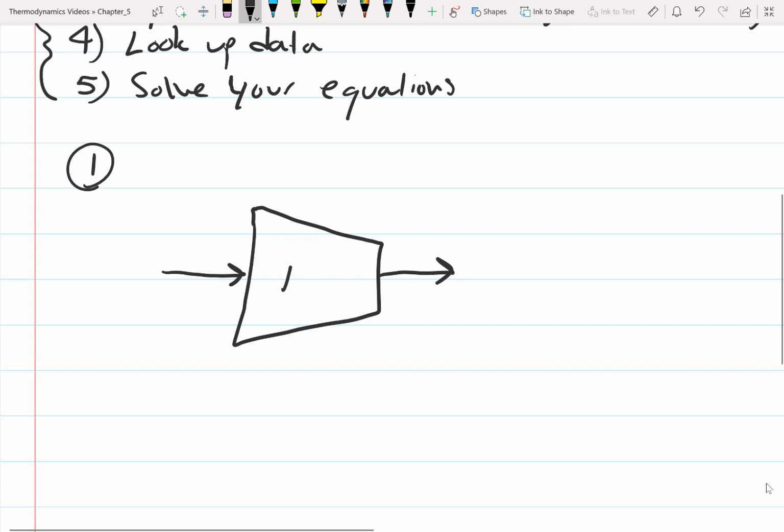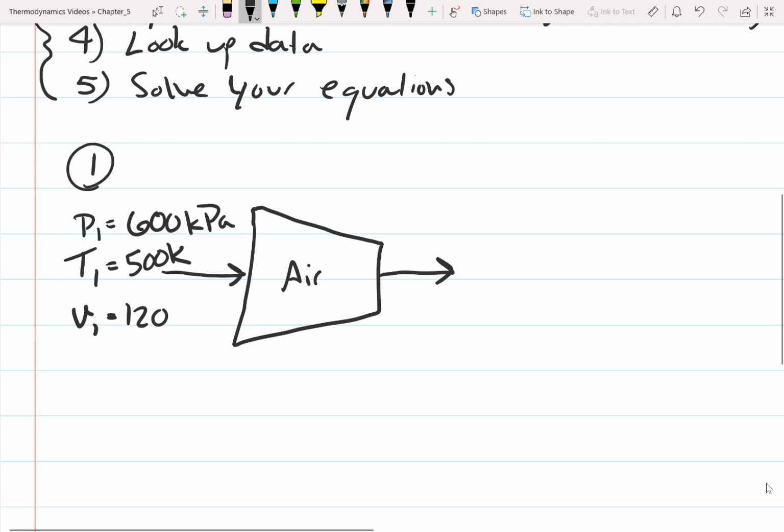So we have air in the nozzle, and it gives us the pressure and temperature at the entrance. So P1 is 600 kilopascals, T1 is 500 Kelvin, and our entrance velocity is 120 meters per second.